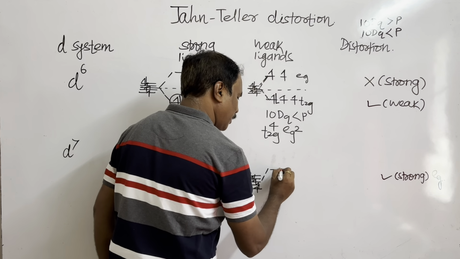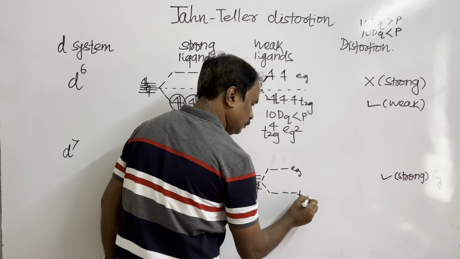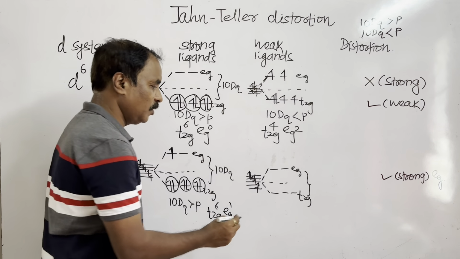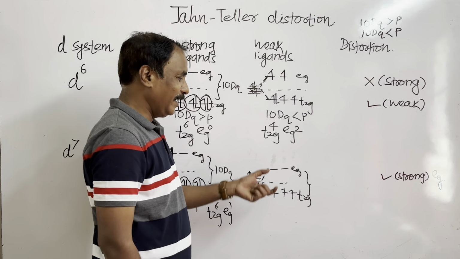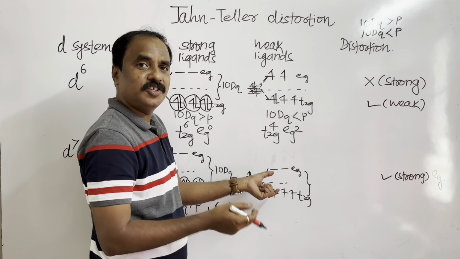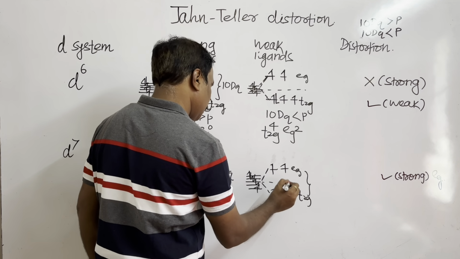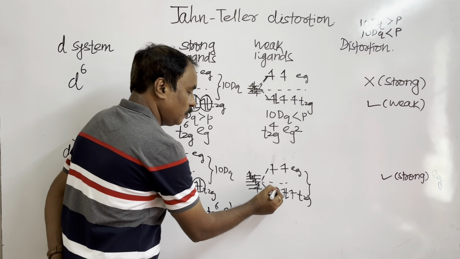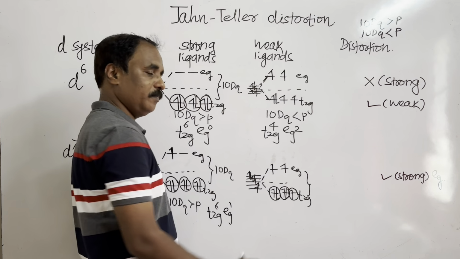splitting of d atomic orbitals: eg, t2g. 10 Dq is less. Compulsory 3 electrons will enter here: 1, 2, 3. 10 Dq is less, pairing energy is more. So this is the 4th, 5th, 6th and 7th. Here 2 electrons, and here it is 1 electron.